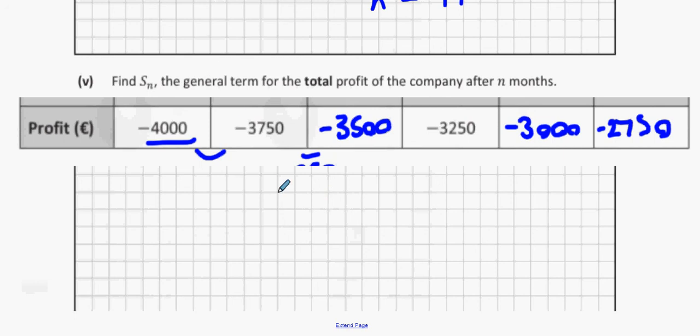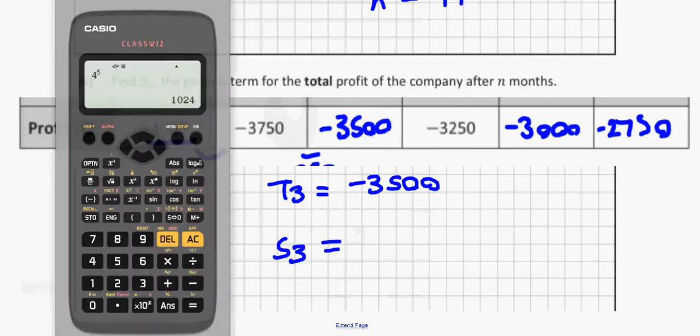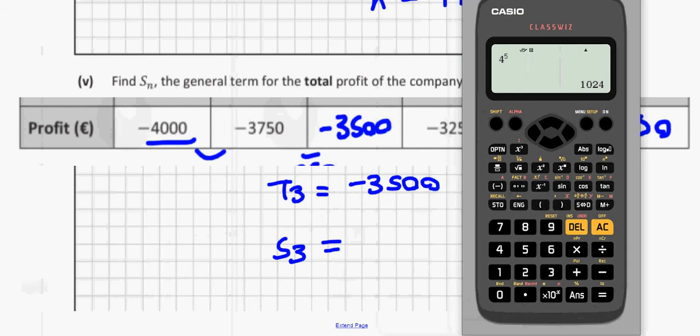So example is, what does T3 equals minus 3,500 mean? On the third month, your company lost 3,500. Can anybody tell me what S3 would be? Got to add it all together. Have to add the first three together.